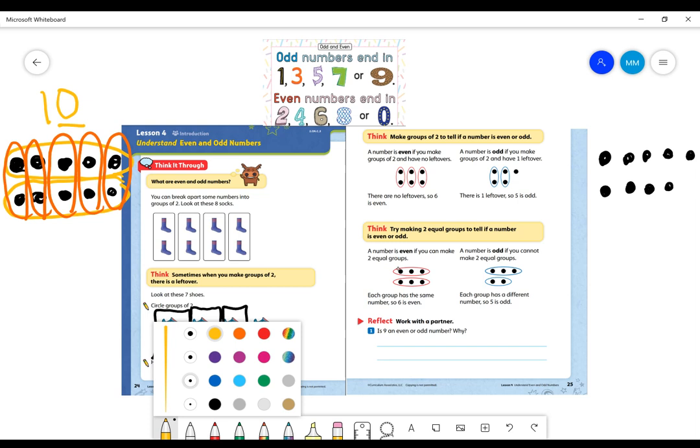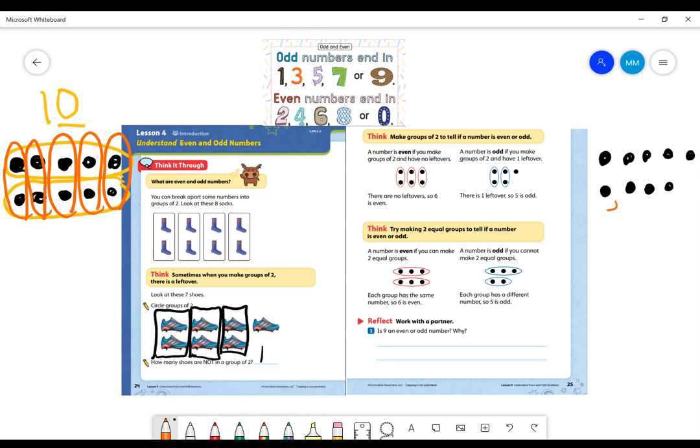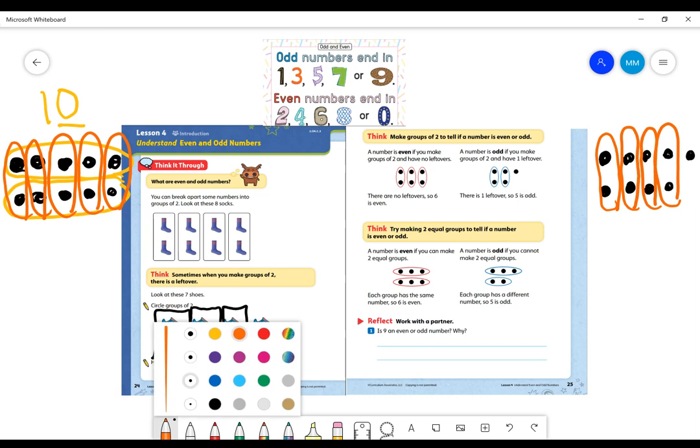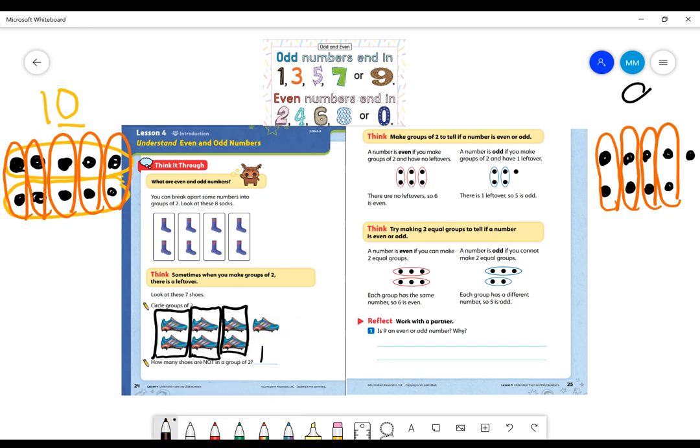I can't circle two equal groups because 5 and 4 are not equal. They are not the same number. Okay, so I can circle groups of 2, and if I have any left over, I will know that it is an odd number. And see, there's 1 left over, so I have 2, 4, 6, 8 plus 1 more is 9. And if I look at my chart up here, I know that 9 is an odd number.